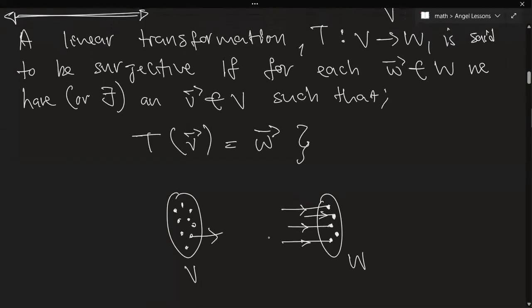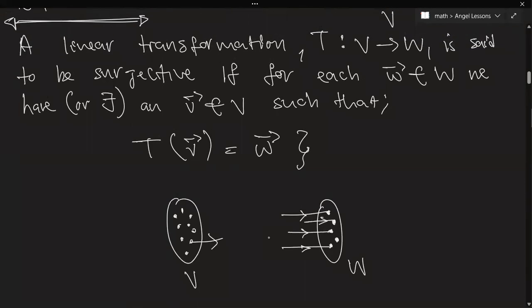Yeah, I think it makes sense. As long as every point in our codomain has a point in the domain which maps to it, then it's surjective, right? Yes. Okay. You see, so that's what we need. We need to have an arrow at each and every element in the codomain.